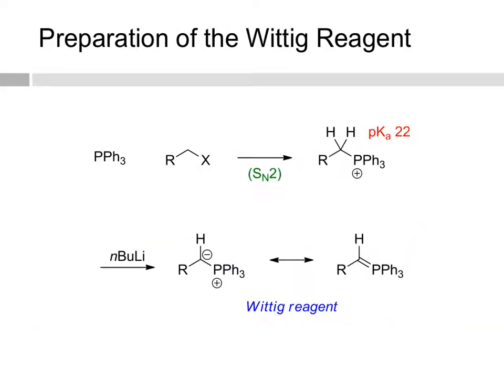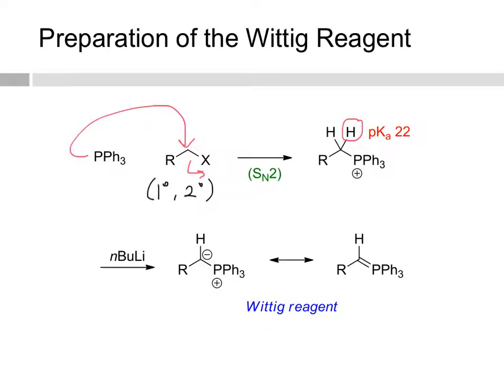The Wittig reagent preparation starts from triphenylphosphine. Triphenylphosphine does an SN2 reaction with the corresponding alkyl halide, and that means that the alkyl halide should be primary or secondary, and gives this phosphonium salt. This salt has a pKa of the alpha proton of about 22.